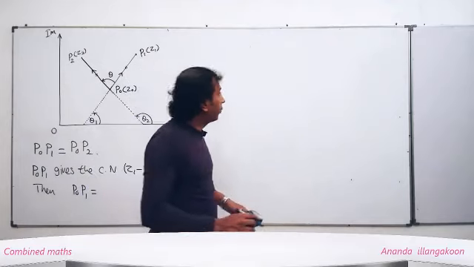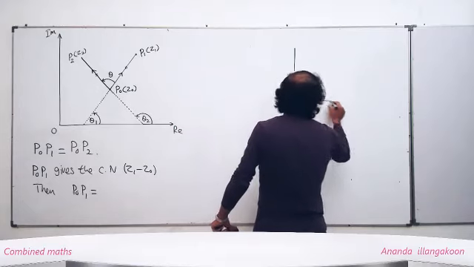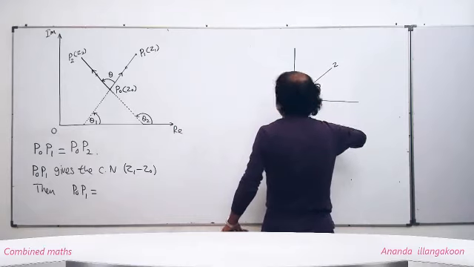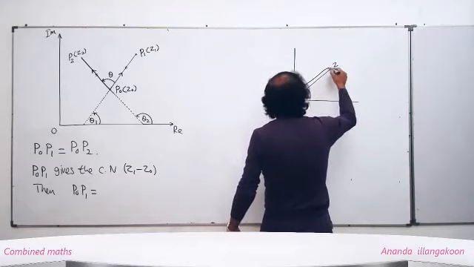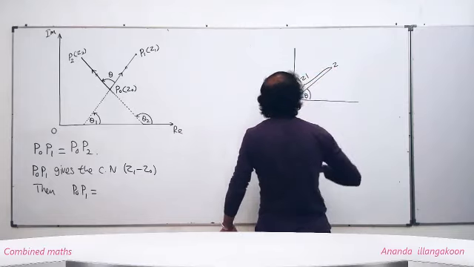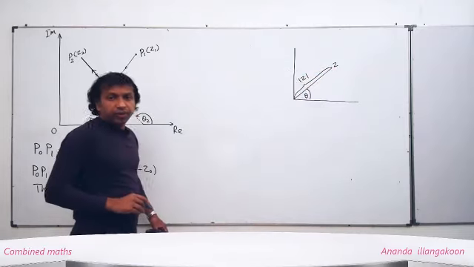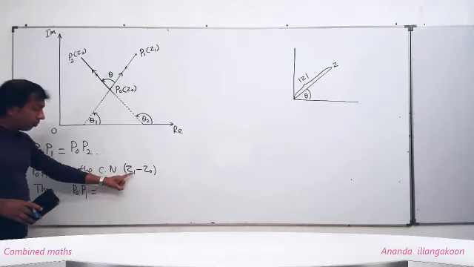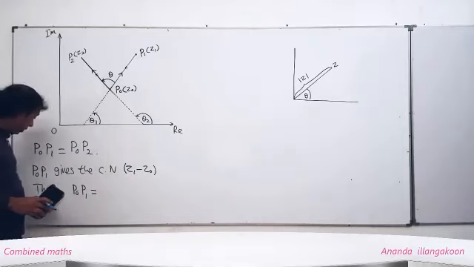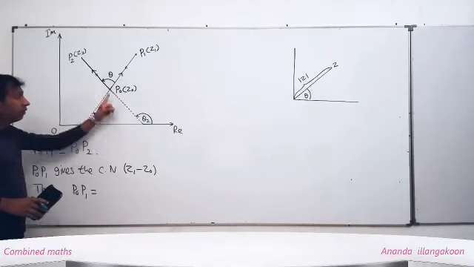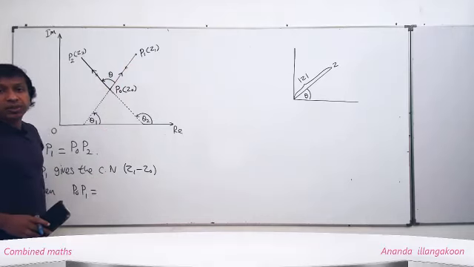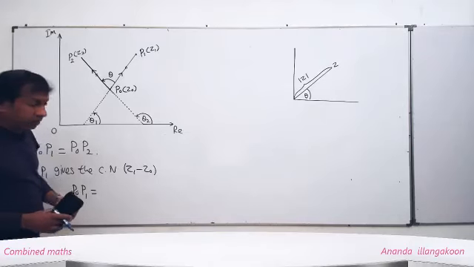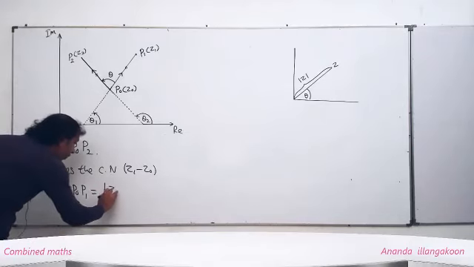When we consider the Argand plane, this is the complex number Z, this is theta, and this length is the modulus of Z. Then the P0P1 length should be equal to the modulus of the complex number represented by that line segment. It is modulus of Z1 minus Z0.